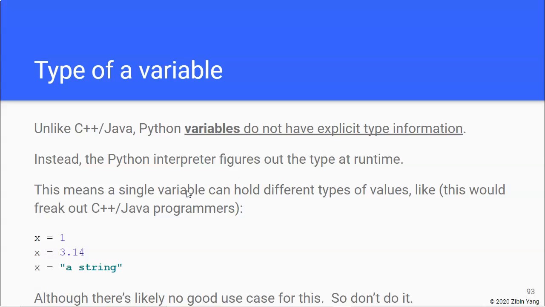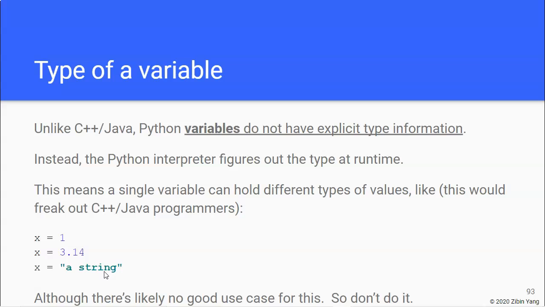What that means is that a variable can be assigned different types of values, like what we do here. We can assign x to 1 first, and then at some point later, we can assign, say, a floating point number to the same variable x.